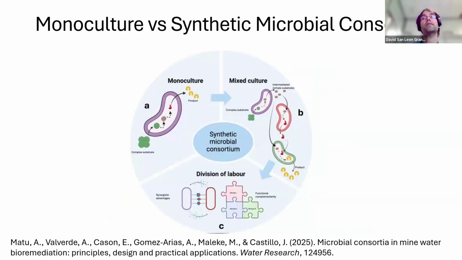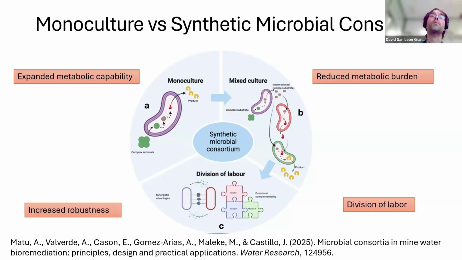This is the reason why in biotechnology they first started with monocultures to produce metabolites. They used a single strain that, with modification, engineering, and adding new genes, from a specific substrate, can produce a desired product. But we have a lot of problems when we do it that way. Why is that? In the moment that you have only one species with a lot of modifications, you increase the metabolic burden with the number of genes that you have.